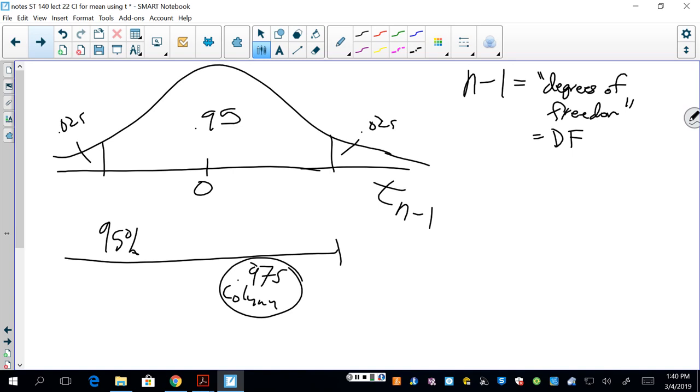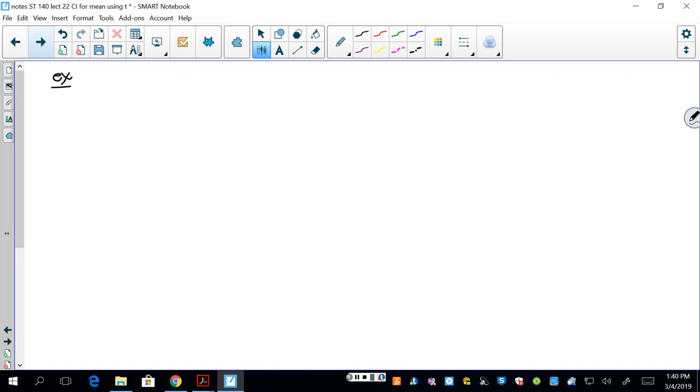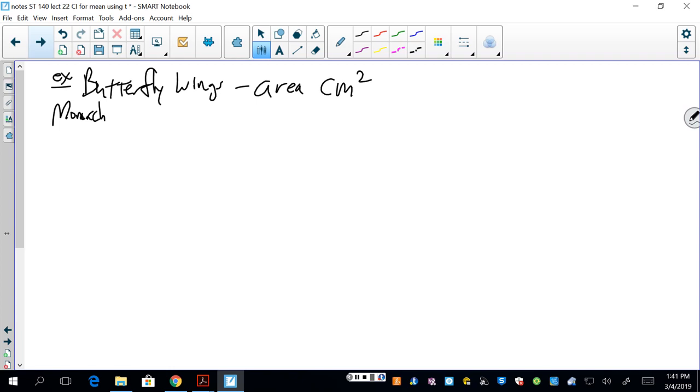So let's use this in an example. This is an example from life science statistics. Monarch butterfly wing. The area of their wings is measured in centimeters squared.